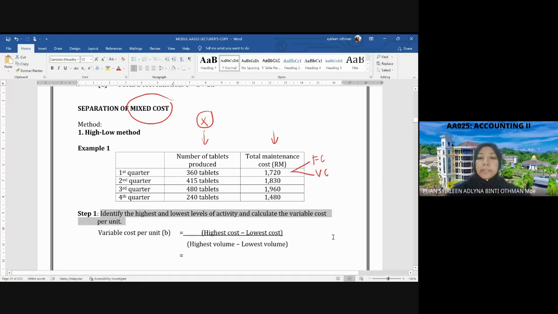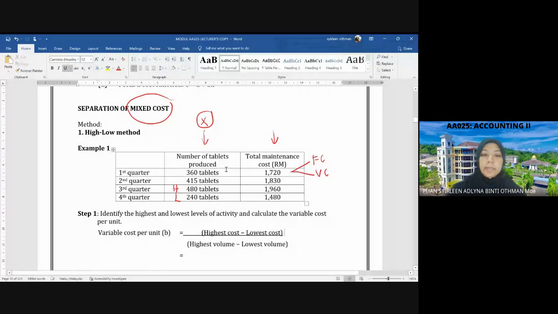The first thing I need to do, I need to find the highest level and the lowest level. If you look here, your highest is 480, your lowest is 240. So now we will use the number of tablets.